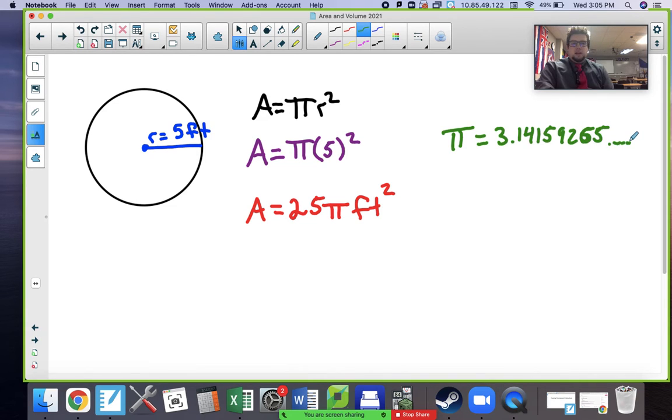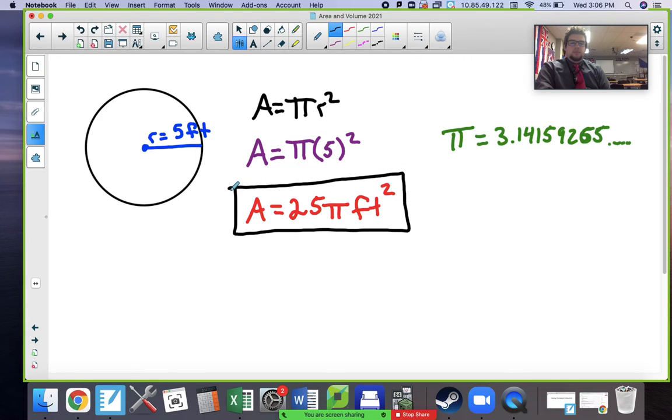That's as many as I know before I don't know the next one. It might be a 4, could be a 3. I'm not 100% sure where the calculator ends. So it's right there. But if we were to use any of these numbers, we're getting an approximation. But what we want is an exact answer. So we're actually going to leave our answer right here with 25 and pi, and we're done.